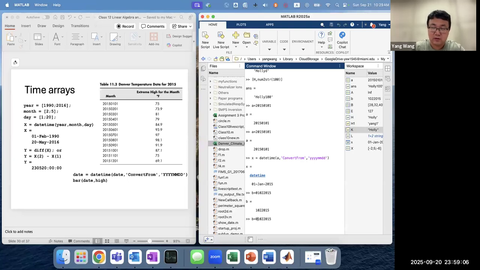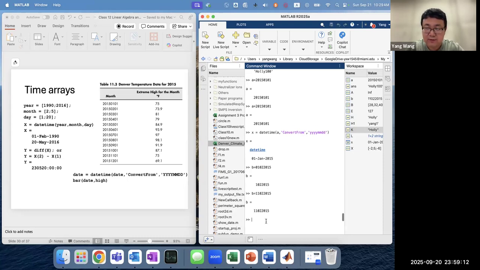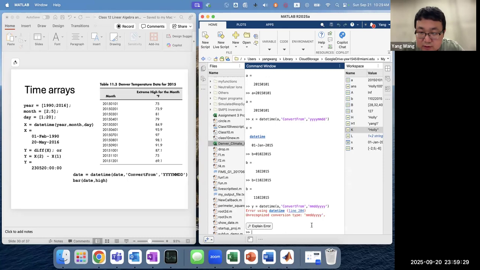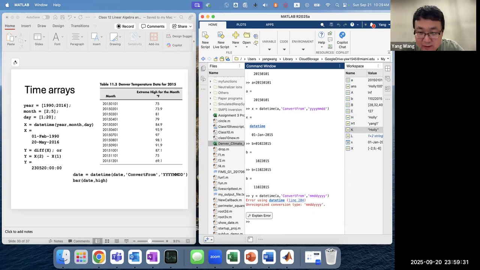We're losing the 0 here. So now let's just name this as November, so you still have the same digits. Then how do we do the conversion? We can still do the same, but instead of using year, you can use month, day, year. Okay, so it looks like it doesn't have this type of format. Let me see.